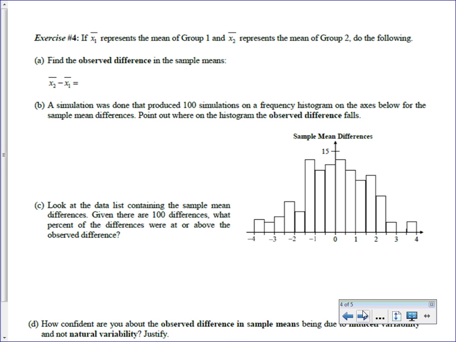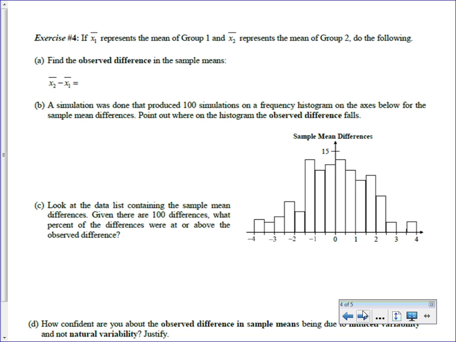Okay, so what we're going to move on to now is a simulation and how a simulation can help us determine if variability is based on the induced variability or just natural variability. So there are sophisticated techniques to determine what portion of the variability in two data sets is natural and what portion is induced.